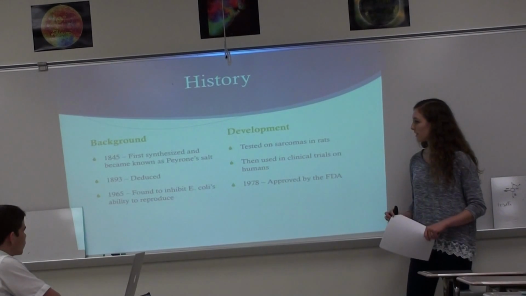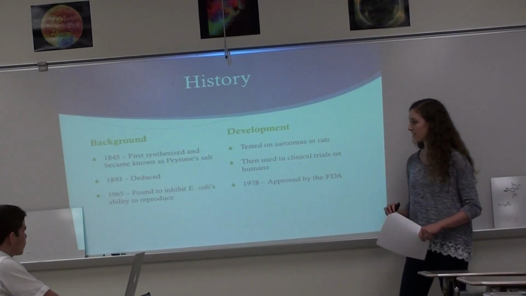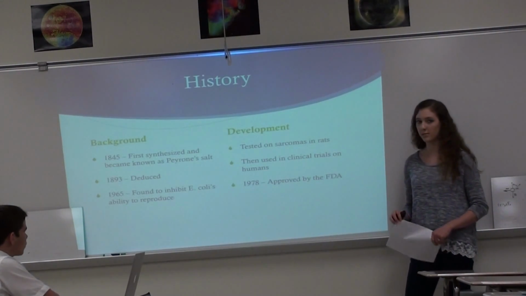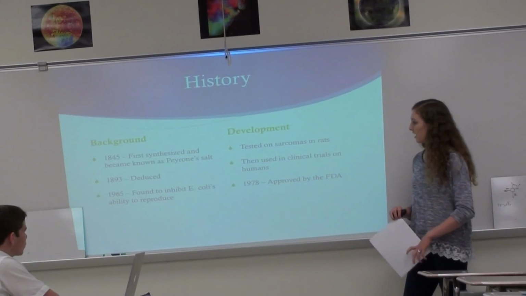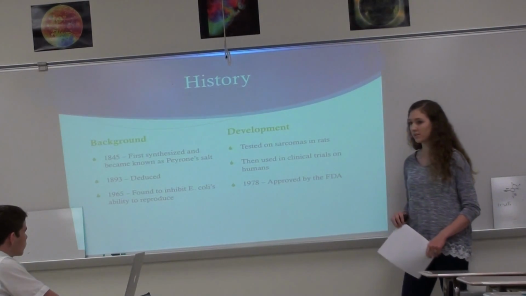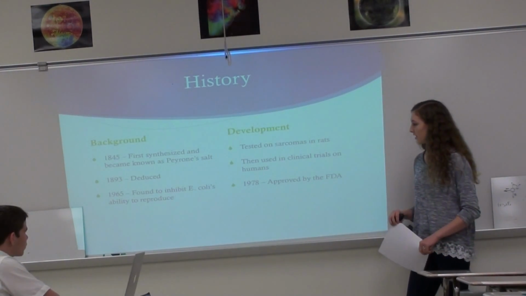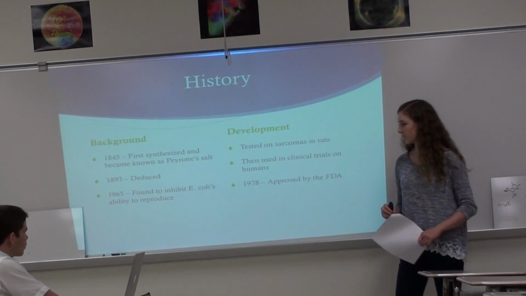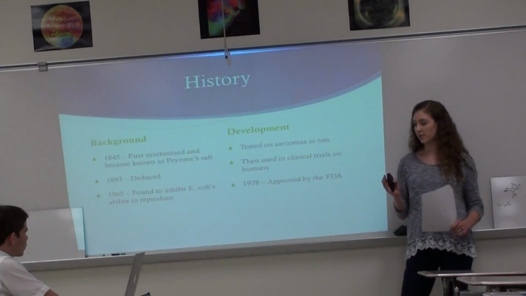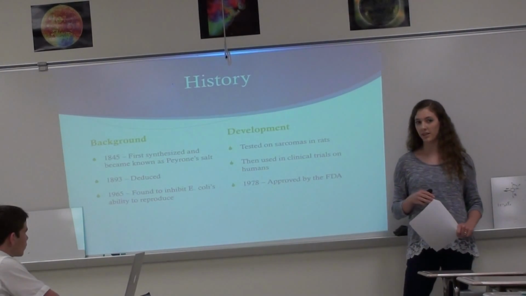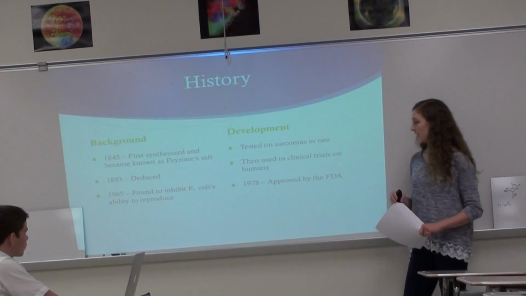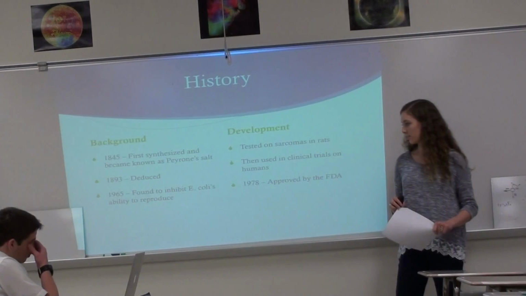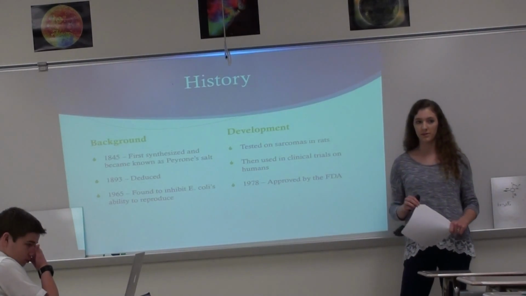The history of cisplatin: in 1845 it was first synthesized by Michele Peyrone, and it became known as Peyrone's salt. In 1893 Alfred Werner deduced the structure, and then in 1965 Barnett Rosenberg was doing research, and he found that platinum electrodes produced cisplatin when they underwent electrolysis, and they found that cisplatin inhibited E. coli's ability to reproduce.